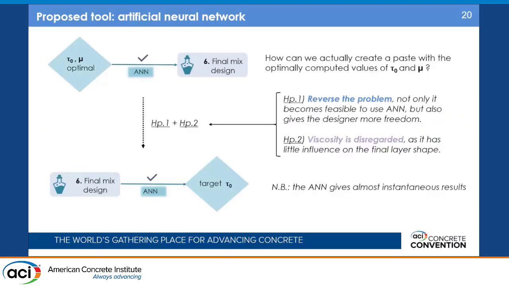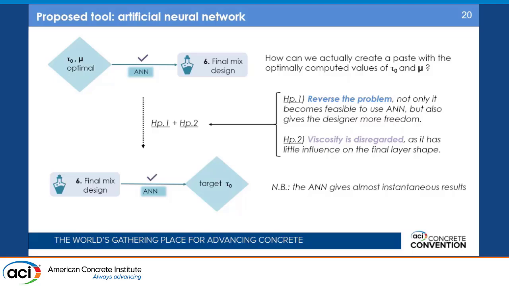What's the idea? Basically, we would like to go from the yield stress back to the composition of the mix design. But this is not very easy because there may be multiple mix designs giving us a certain yield stress. So we reverse the problem and we say, let's try to create a neural network that, given a certain mix design, will tell us what the yield stress is.